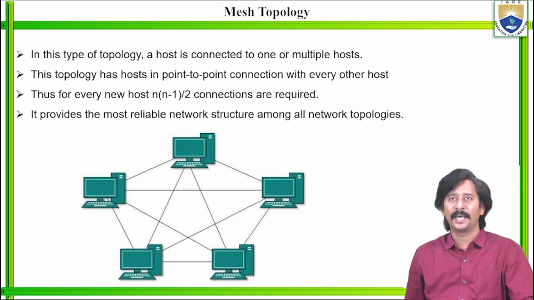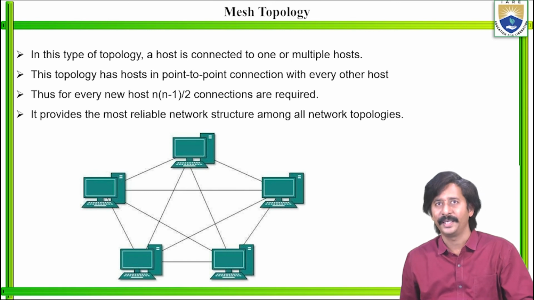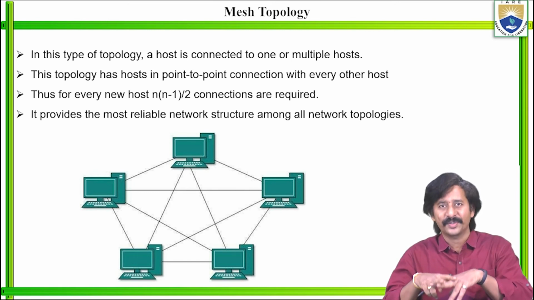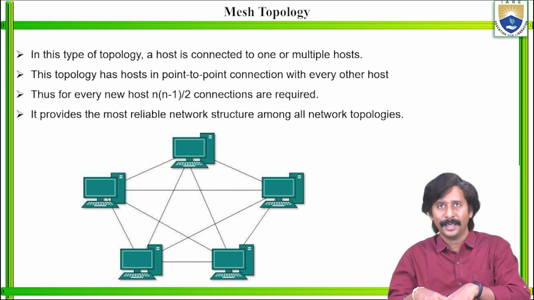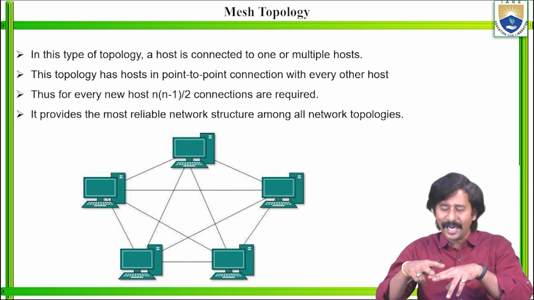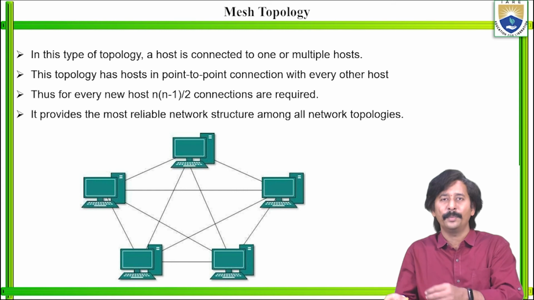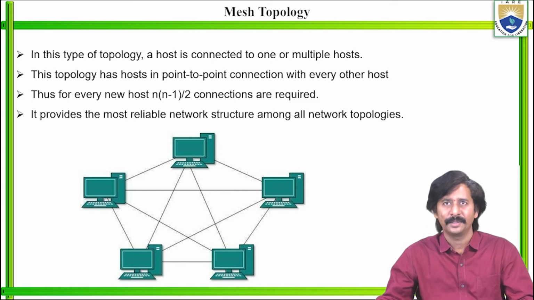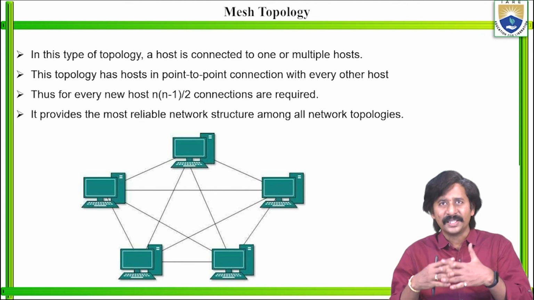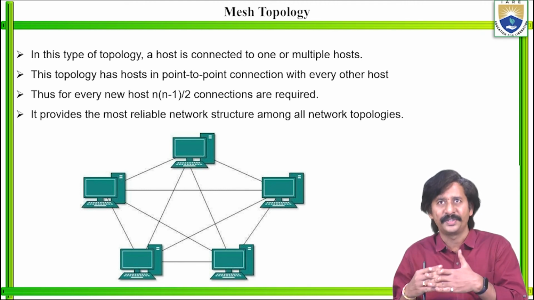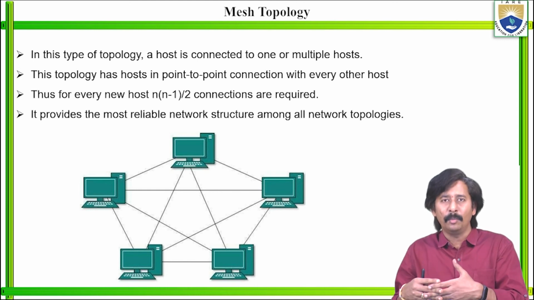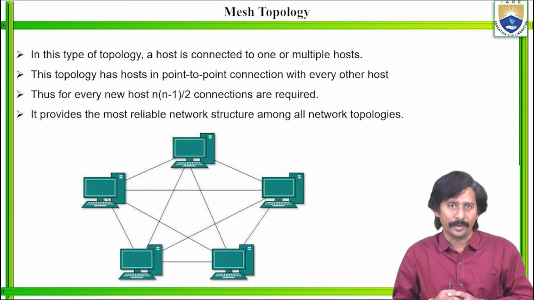Then mesh topology. We know what is meant by mesh: a mesh-like structure. Each and every node communicates to the remaining nodes. That is generally a mesh. So this type of topology communicates to more than one node.